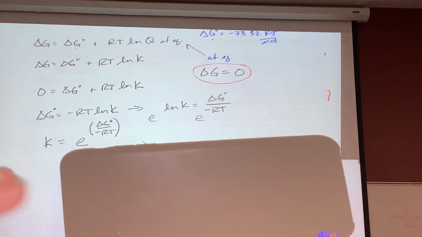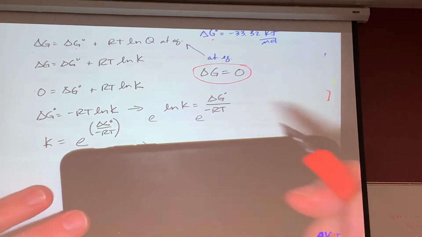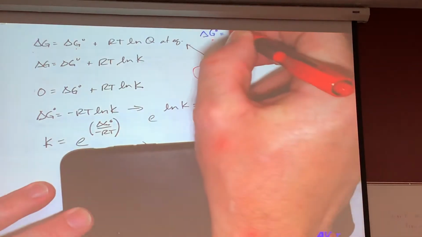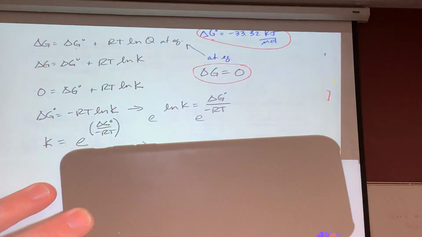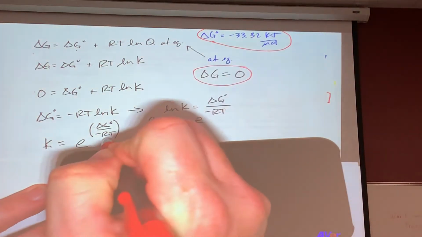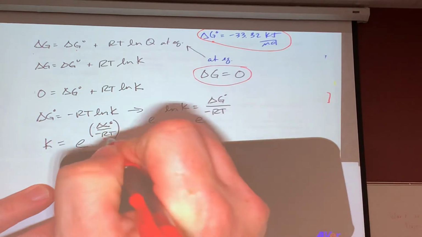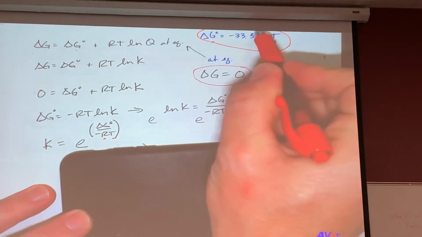At this point, you have delta G up here at the top. You've got R, which is constant, 8.314, and you've got the temperature at 25 C or 298.